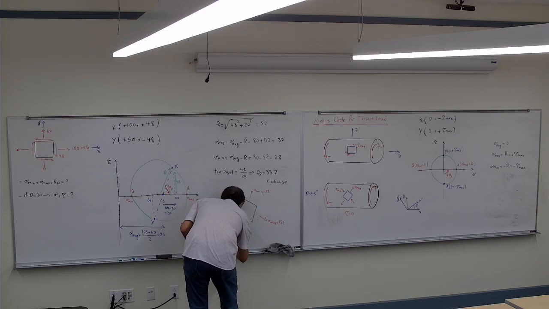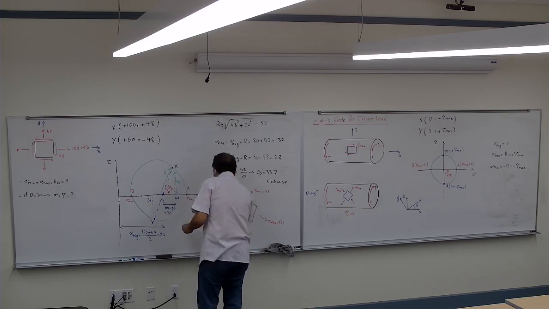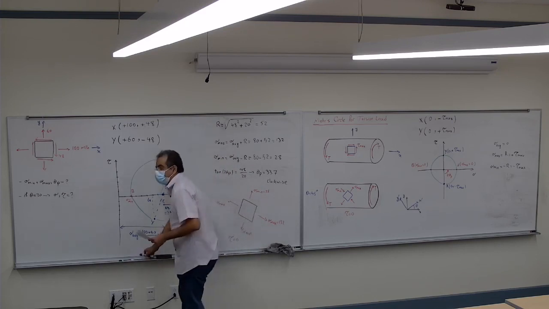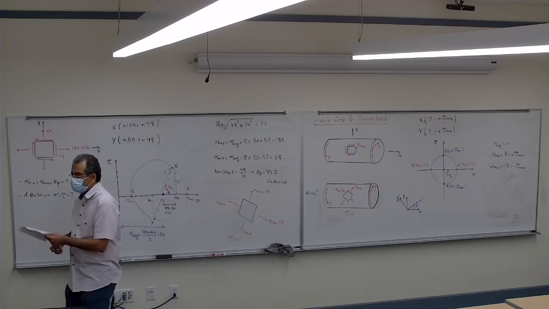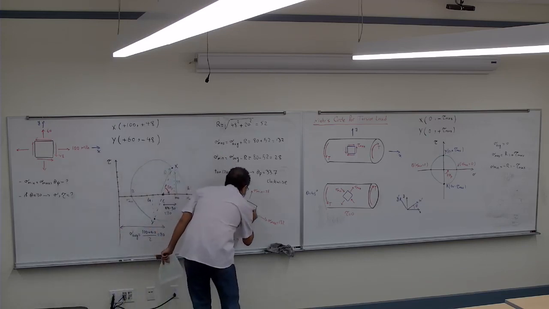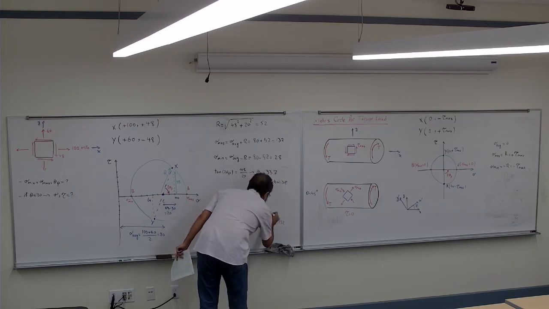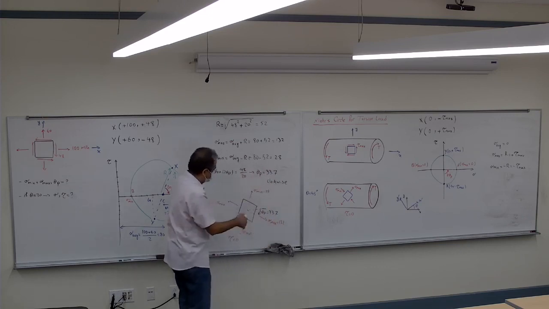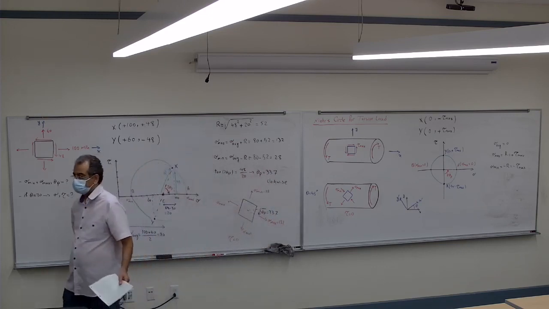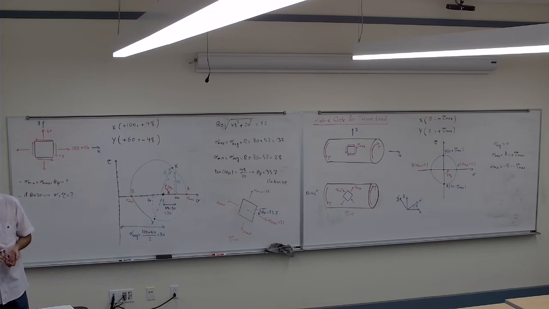The tau is 0 in that case, and the angle that I have is that I rotate it, theta p equal to 33.7. So I rotate it clockwise. Got it?